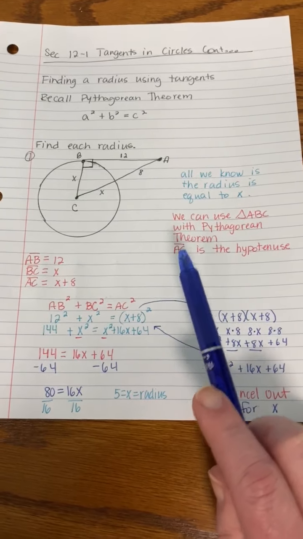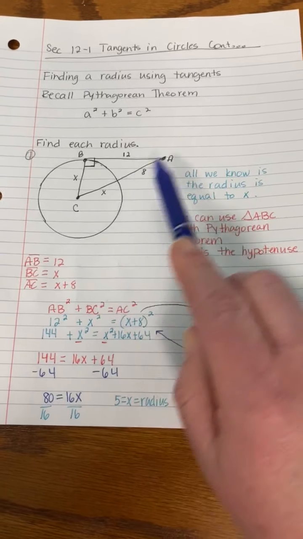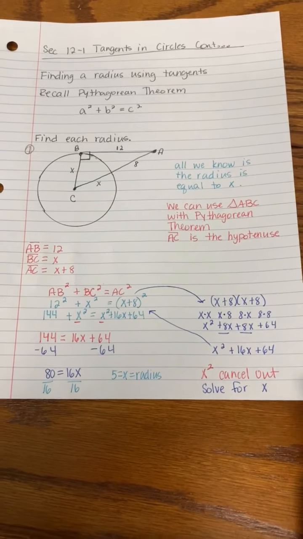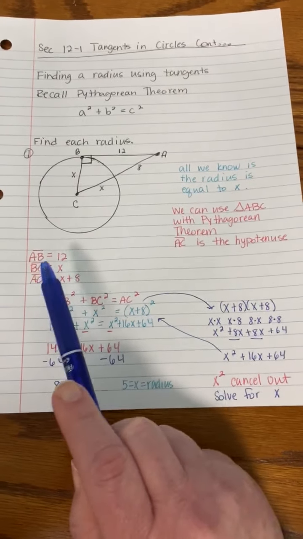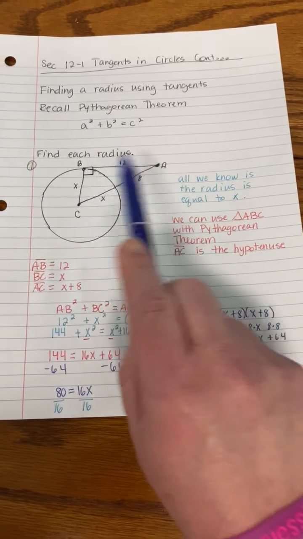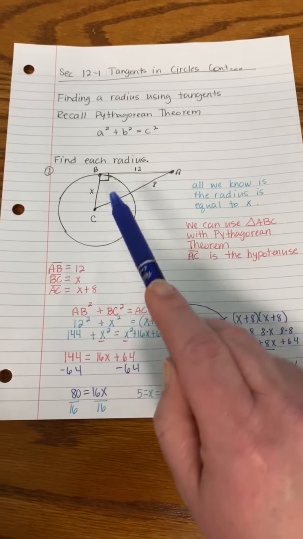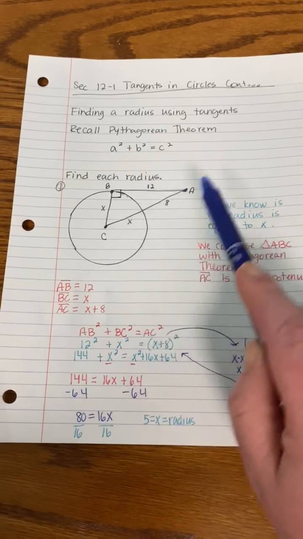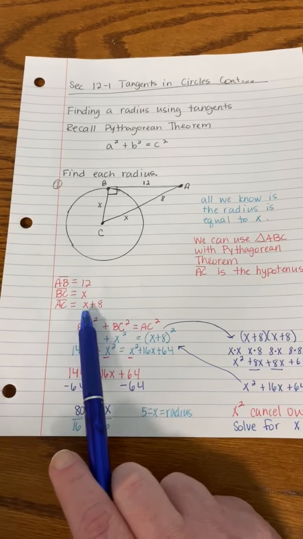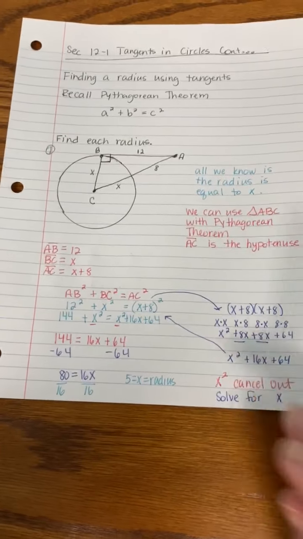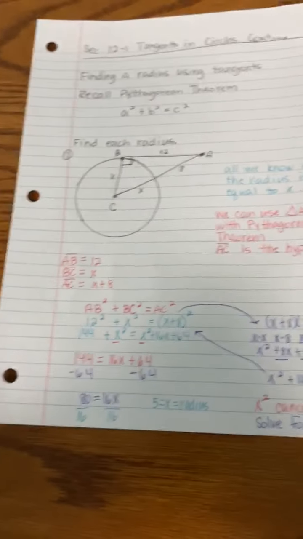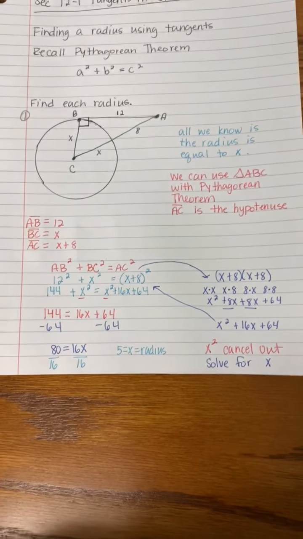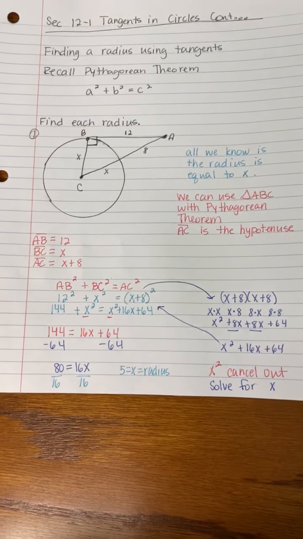And in my triangle, AC, which is this one, is opposite the right angle, so that means that AC is the hypotenuse. We already talked about how AB equals 12, BC equals x, and to get this whole segment length, I have to put x and 8 together. So it's going to be x plus 8 for that whole segment length. And because that hypotenuse is x plus 8, that's what makes this problem a little more difficult than the other ones that you're going to see on the quizzes.